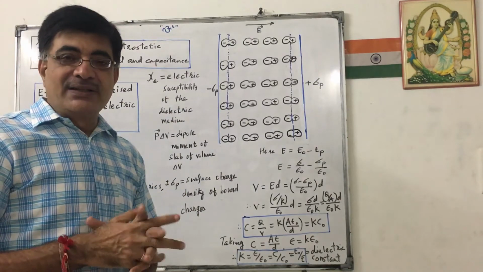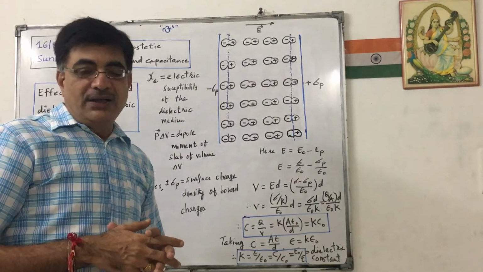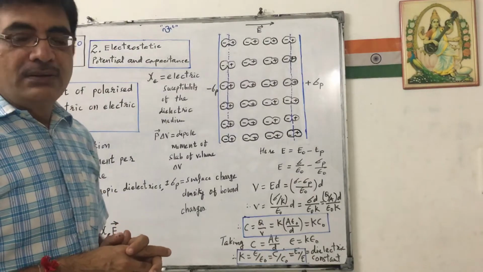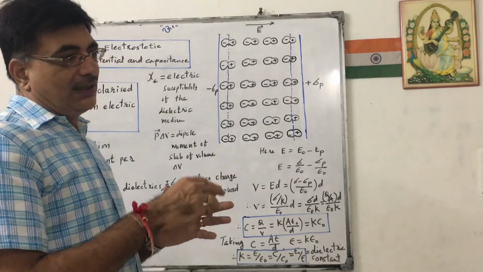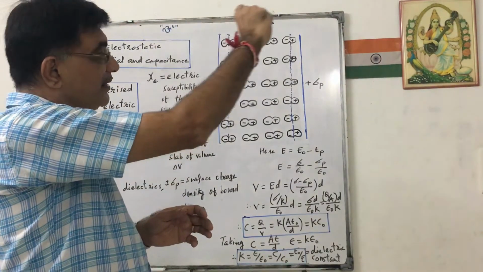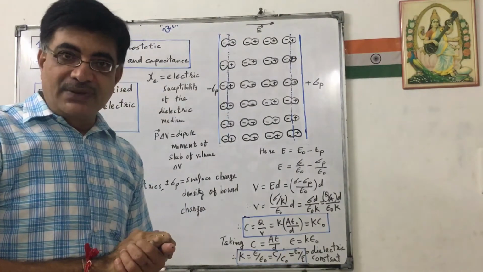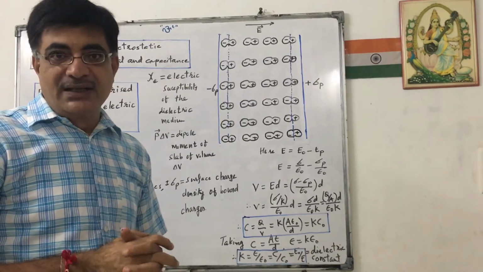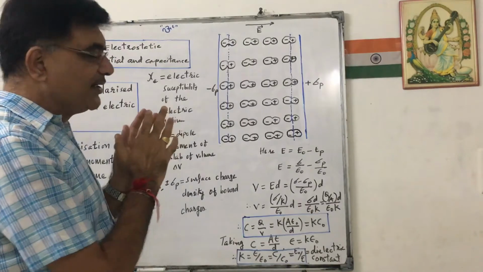So as the combined effect, it is not possible that all the molecules are arranged in direction of electric field, as we discussed yesterday. So this is somewhat an ideal figure.